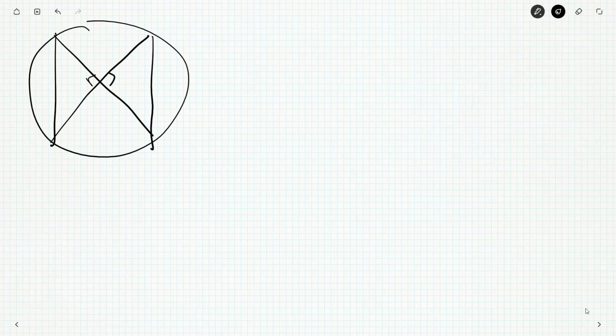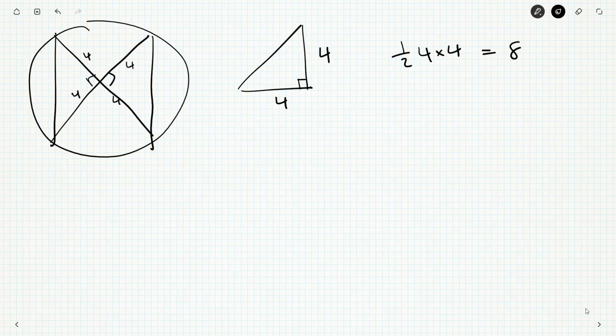So here we have two right-angled triangles, although they're slanted in the picture. And they have a base of 4 and a height of 4, and so we can very quickly calculate the area, 1/2 base times height. Each of these is going to be an area of 8. And so together, we've got 16. Now what's left over?